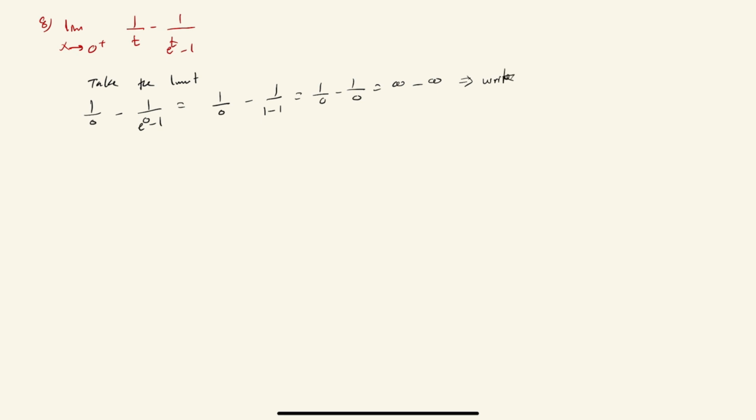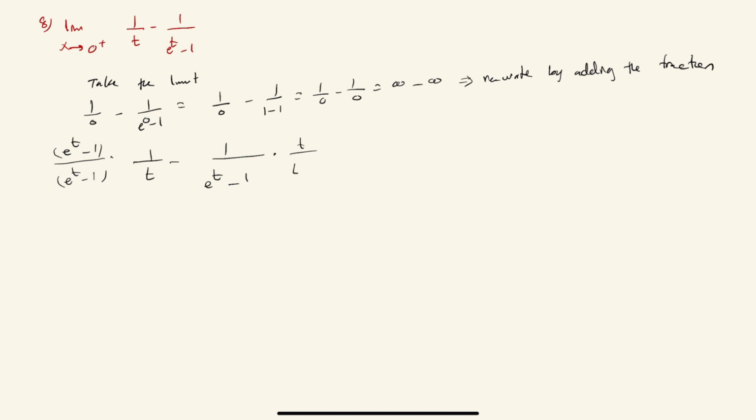So here what I'm gonna do, I'm gonna rewrite these two fractions into one. So I'm gonna subtract them. I'm just finding here the common denominator so I can subtract them.